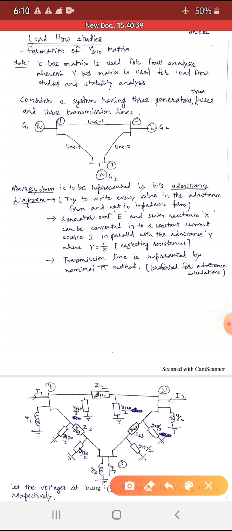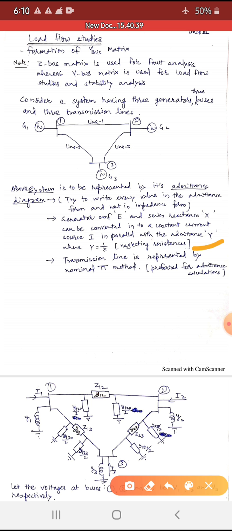Actually we are doing the source conversion here to convert the system into impedance admittance forms. So for that, generator EMF E and series reactance X can be converted into a constant current source I in parallel with the admittance Y, where Y is equal to 1 by X.